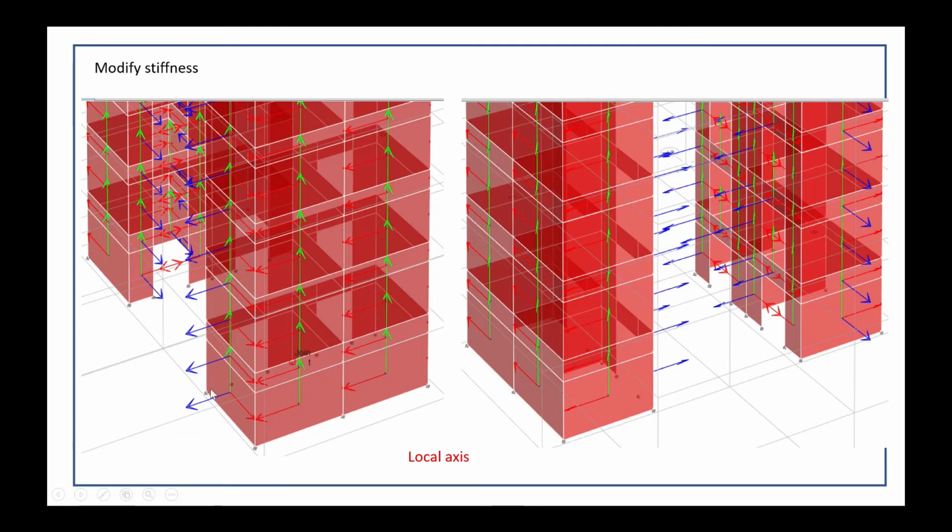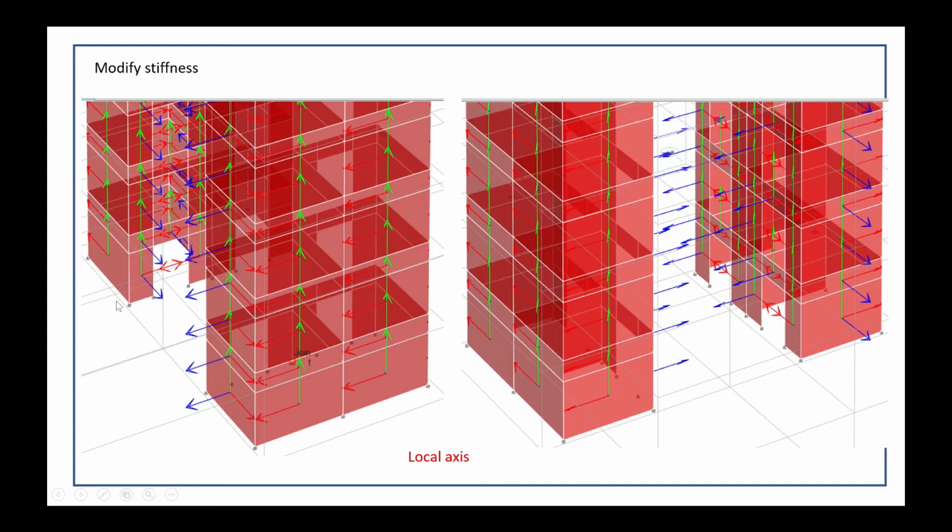I use the automatic option in ETABS. Now you see here, when you place it automatically, you have to check the local axis of the elements to make sure they are in the same direction. It's easy to check; it indicates the local axes are not the same.